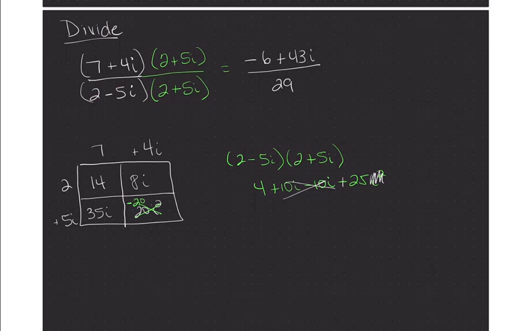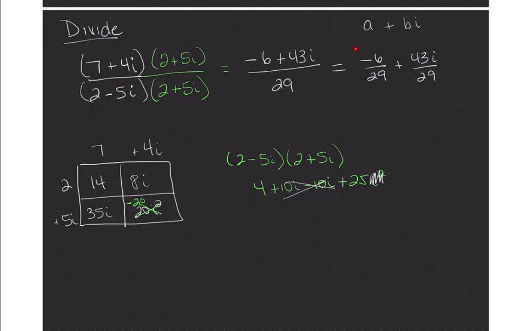I'm fine with the answer written this way, but if we wanted to make sure it was back in that a plus bi form, you just separate your two fractions. So this would be negative 6 over 29. That would be your real part, plus 43i over 29. That's your complex part.